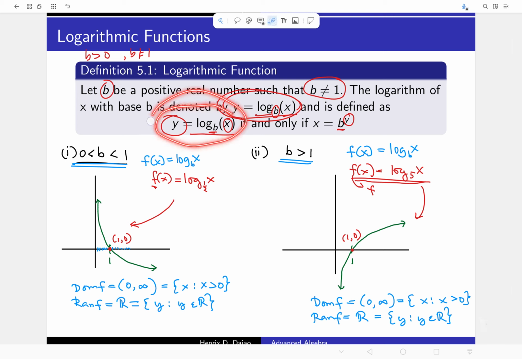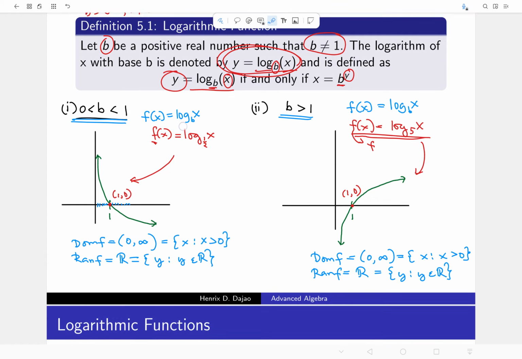Okay, this one: y equals log of x with base b is equivalent to saying x is equal to b raised to y. This is the y, so that's the exponent.